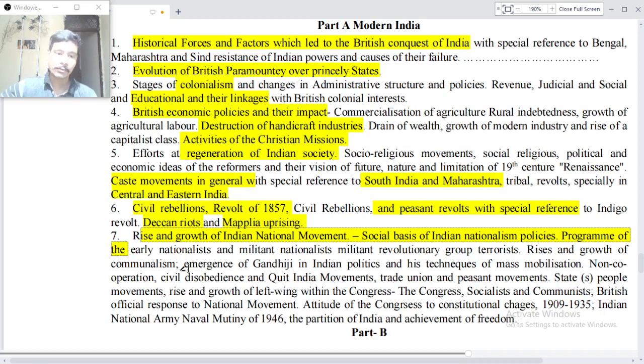Rise and growth of communalism, emergence of Gandhi and his policies, his techniques of mass mobilization, non-cooperation, civil disobedience and Quit India movement, trade union and peasant movements, states' people's movement, rise and growth of the left wing within the Congress, socialists and the communists, British official response to the national movement, attitude of the Congress to constitutional changes from 1909 to 1935, Indian National Army, naval mutiny in 1946, the partition of India and achievement of freedom.